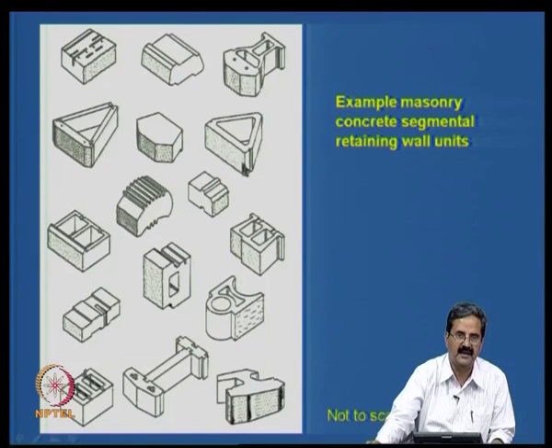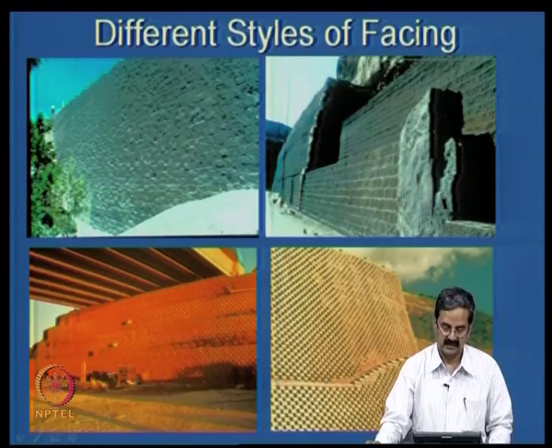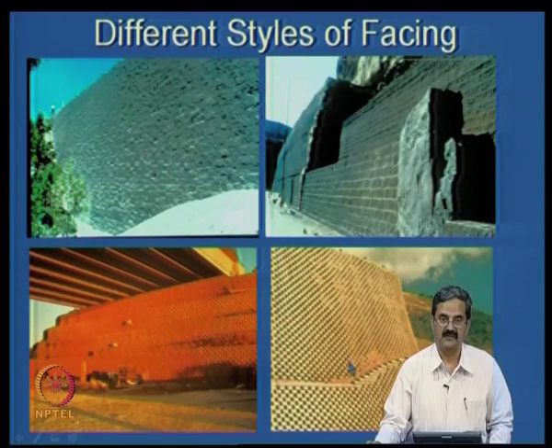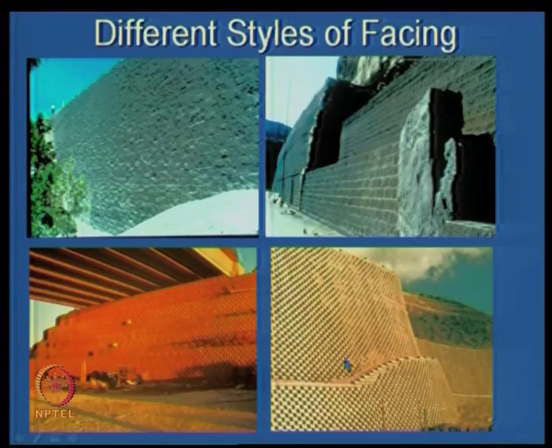Here you don't need cranes. You just have simple equipment, and a simple company that manufactures this type of facing blocks. They are called segmental retaining wall units, and they are quite useful. These are all facing blocks. You can see that you can construct a simple facing like this. This is a typical example that we have seen in many places in India, some places at least. These are called segmental wall designs.